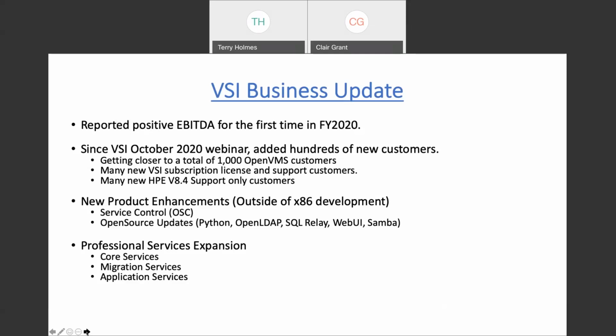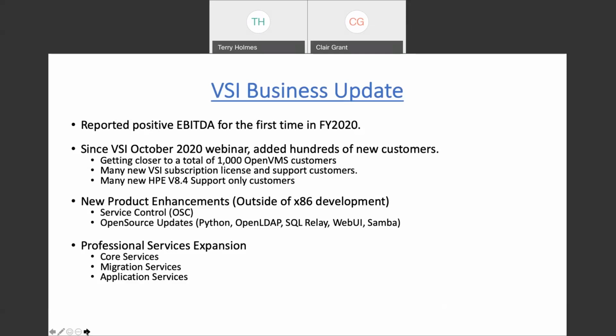Finally, but not the least of which, we've made professional services expansions recently, and we plan on doing more by offering customers various types of core services, both in ways of general consulting and planning, things from as basic as installation services to managed services of your systems, in migration services, moving OpenVMS customers from one platform to another.